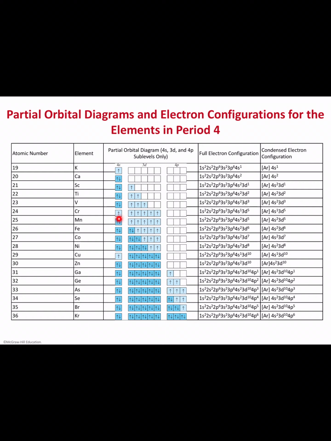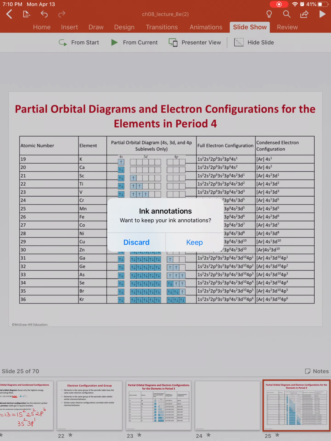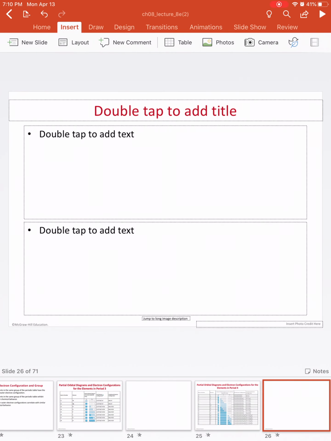And then when it comes to chromium, you see these are your d electrons. There are 5 d orbitals. So chromium is 24. So let me show you what's happening in chromium. Let me open up another slide. Okay, chromium.